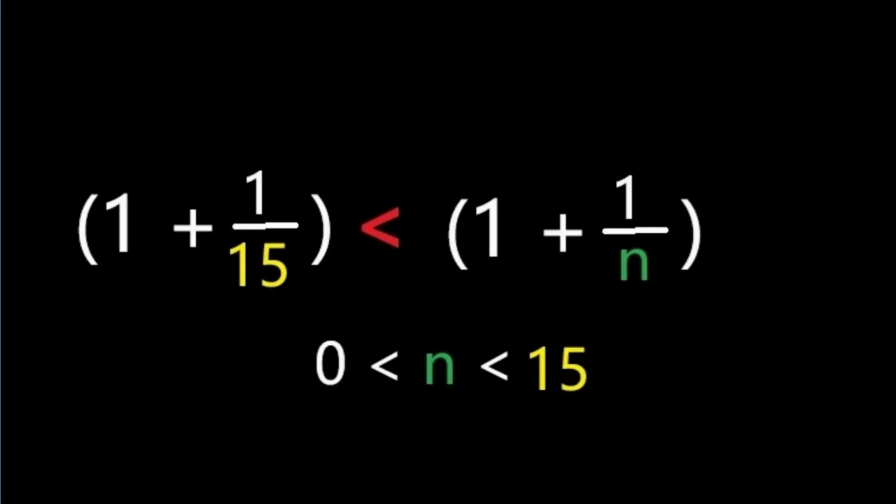Step 2, Inequality Substitution. Notice that 1 plus 1/15 is less than 1 plus 1 over n, for any n between 0 and 15. So we can squeeze the first 13 terms.